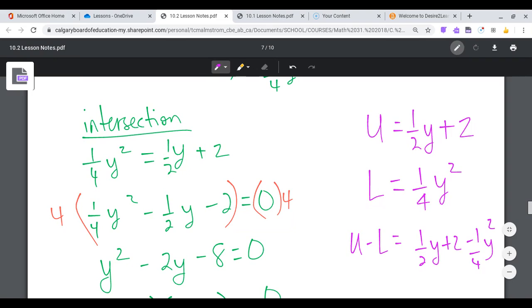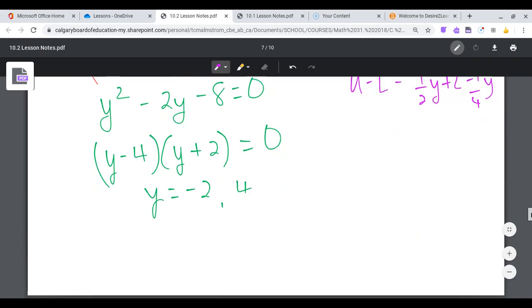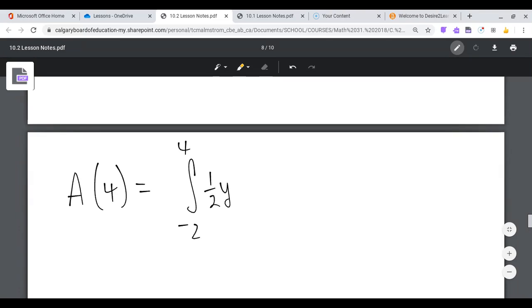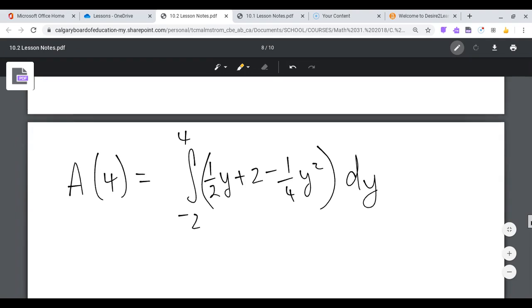This is what we are going to integrate, in terms of y. So we have our area is equal to the integral from -2 to 4 of 1/2 y plus 2 minus 1/4 y squared.